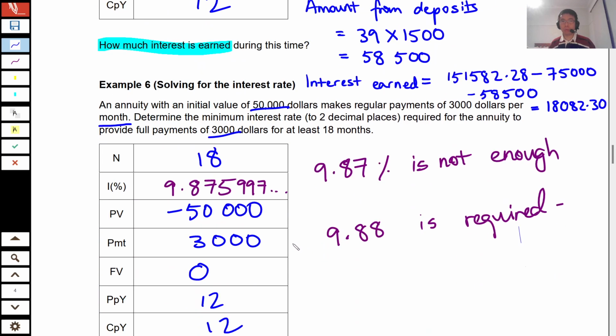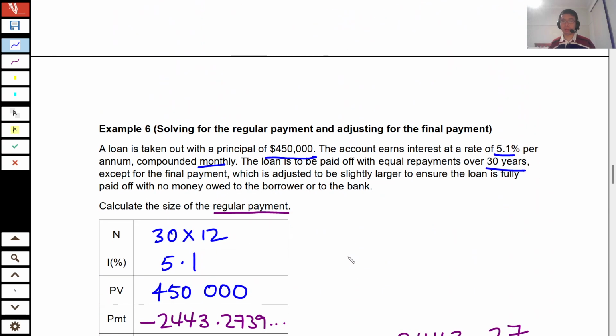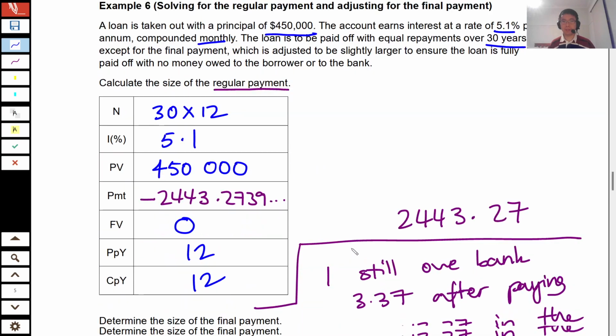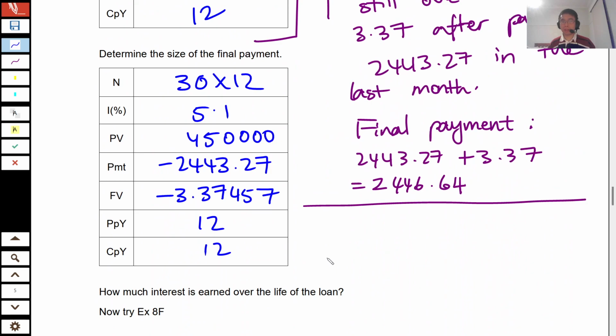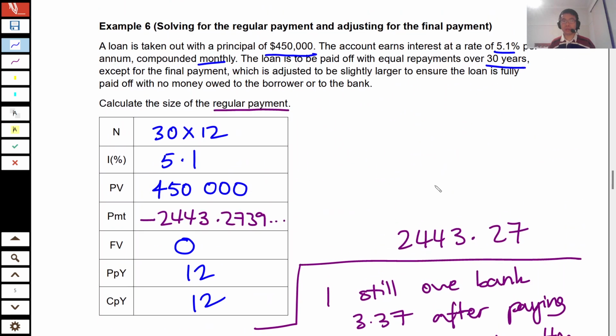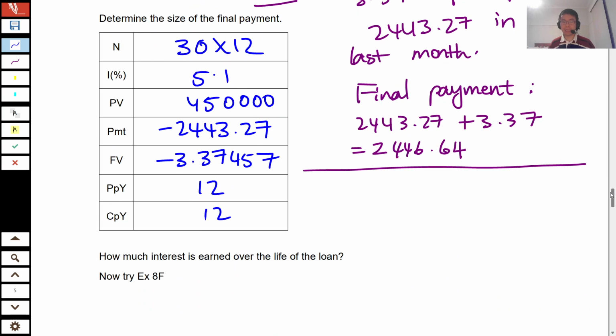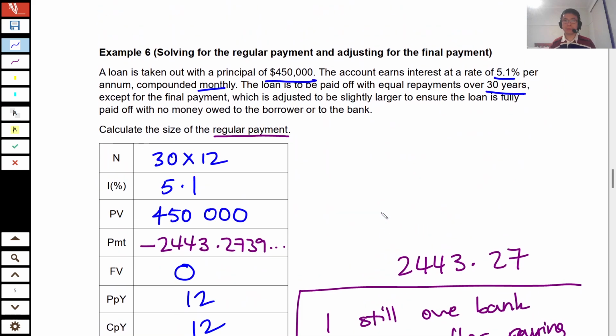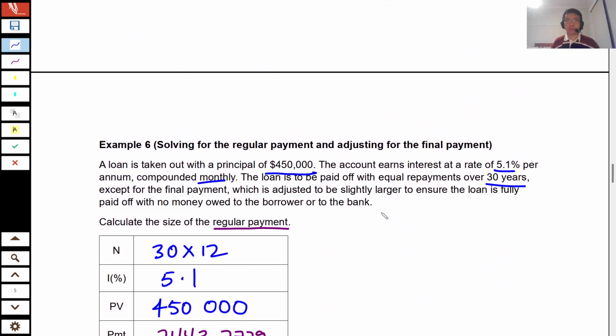Okay, one more and then we'll be done with this section. I'd like to direct your attention now to the second example that is labeled example 6. This is right before you are directed to try exercise 8F. Let me recap the situation here. We have a loan where we borrow $450,000.